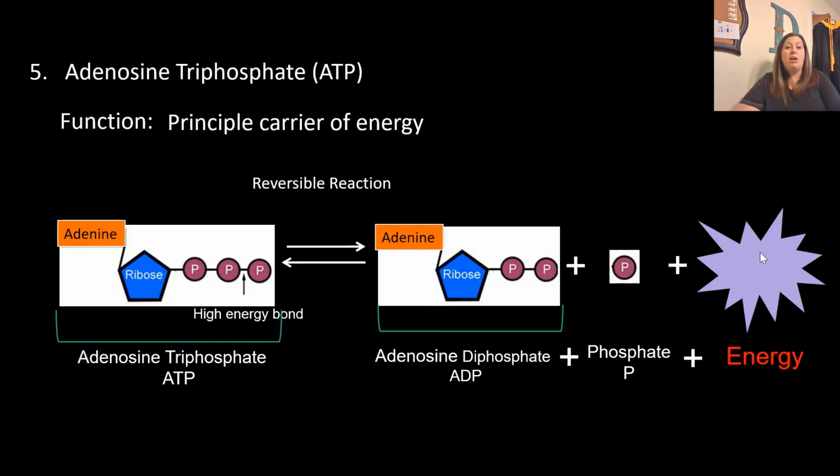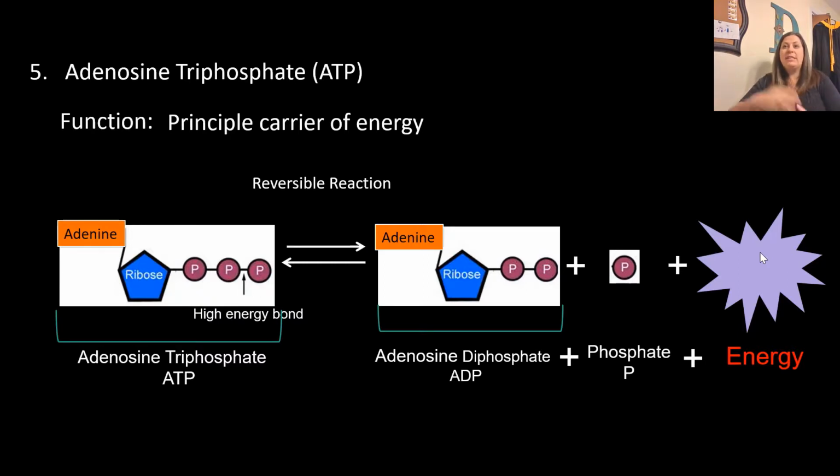We may start with ATP, adenosine triphosphate, but when we need energy to be let out, we break that last high energy bond of the last phosphate. We break it off, and that forms adenosine diphosphate, plus the phosphate that was broken, and energy gets released. However, there are times we need to store energy.